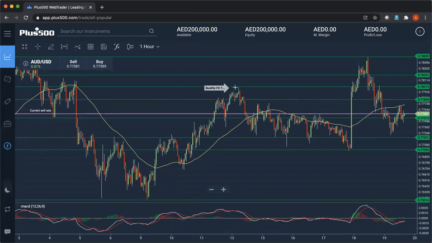Its reaction is clear, right? Can you see this reaction? These are the wicks which you can find all over. So these are the reactions that we are talking about.